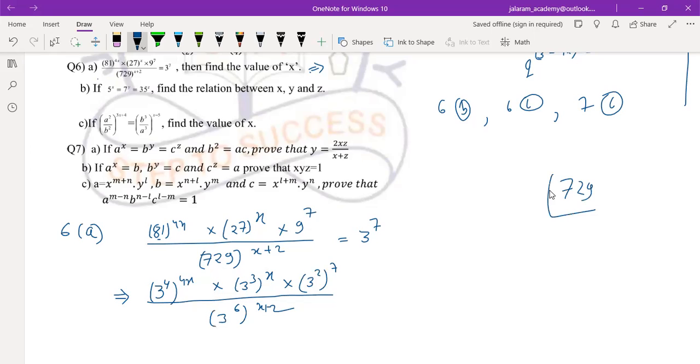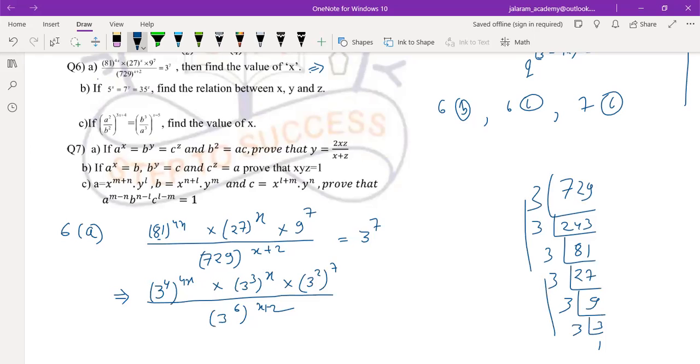You can factorize with this method. 729: 3 to the 6, 3 4s are 12, 3 3s are 9. If anyone is not getting this also, 3 to the 6, 3 7s are 21, 3 9s are 27, 3 3s are 9, and 3 1s are 3. So it is 3 to the power 6. Is that clear to you? And whole to the power x plus 2 equals to 3 to the power 7.